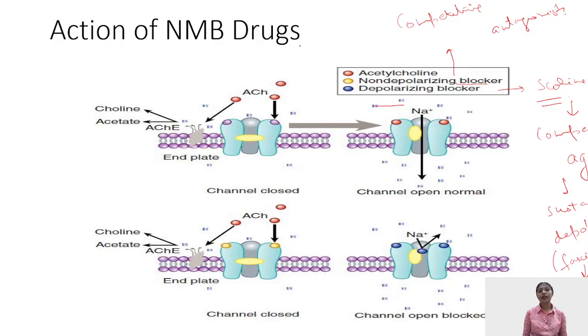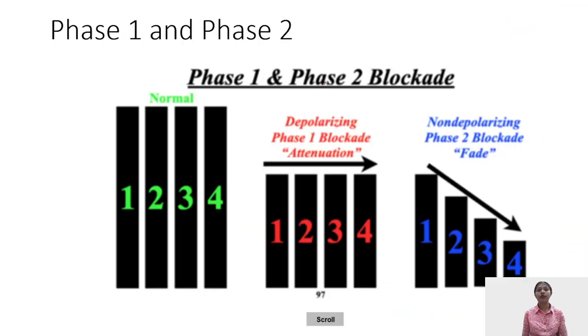These depolarizing blockers have two phases. One is the phase 1 and the phase 2 block eventually. In the phase 2 block, these depolarizing drugs act like non-depolarizing blockers. This is the phase 1, that is the depolarizing phase, and the phase 2, which is the desensitization phase.